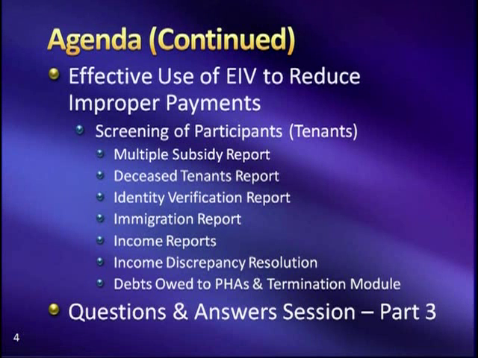And then segment 3 is where the meat and the potatoes are for this training session, which is focusing on using EIV in the various functions to screen your current tenants.